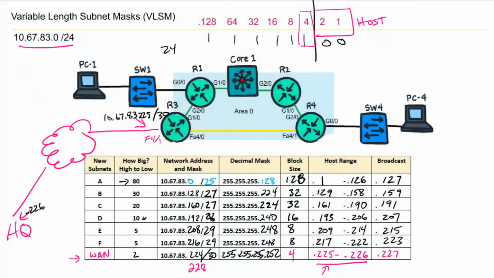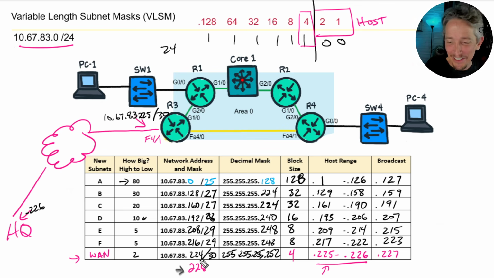Oh, Edwin's saying, what slices left are you referring to in the pizza? Let's take a look. So we have this address space here that we have carved up all the way through. The next subnet would be 228. Oh, let me get out a different pen. So the next subnet would be 228. So that's a slice left.